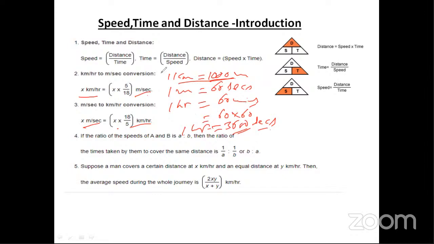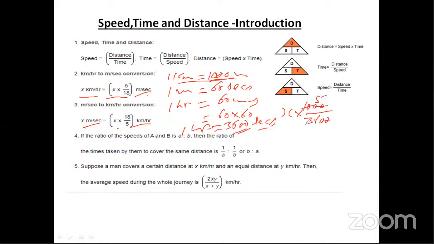Now how do we convert when it is in km/h? I'm writing it on the right side. If you observe X km/h, what we will do? X into kilometer means how many meters? 1000 meters. So 1000 divided by 1 hour, which means 3600 seconds. These two zeros get cancelled.